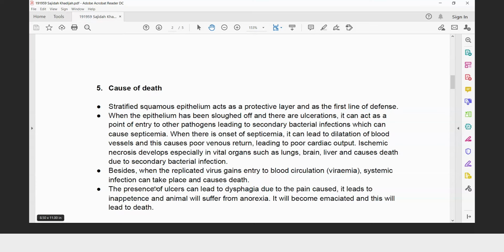So the first one, I think this is much better, the second bullet, correct? But the fourth bullet also is correct. The only thing is that you don't explain how emaciation leads to death. When you talk about cause of death, it is actually a reverse of pathogenesis.